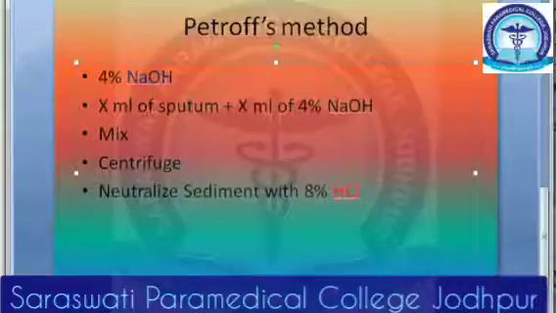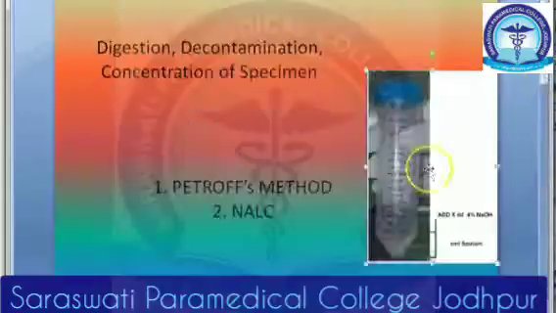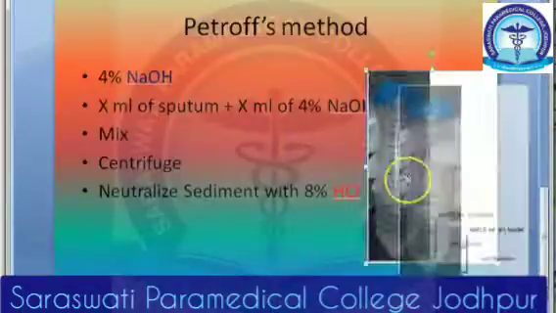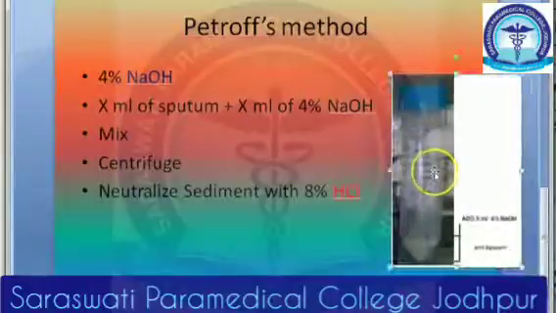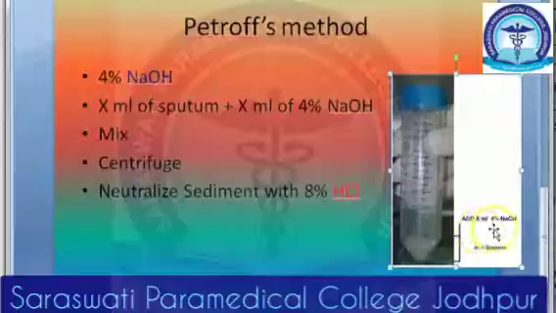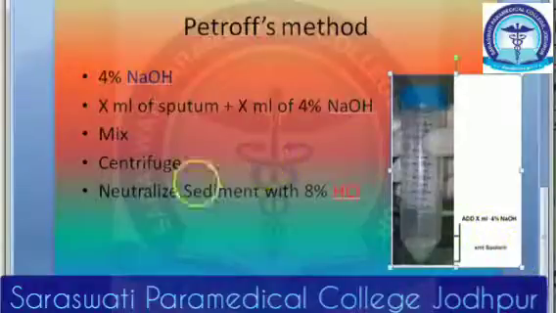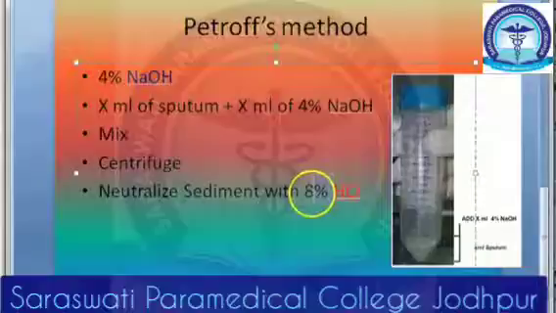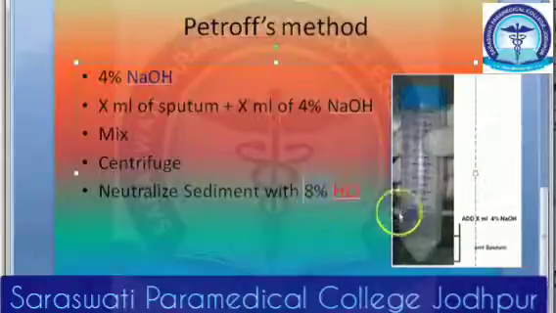Petrov's method. Very good. Now this diagram is the one I fetched from the internet. When I searched for Petrov's method, this is what I got. Here also they have written the same thing. Add X ml of 4% NaOH, add X ml of sputum, then you will centrifuge it, pick up the sediment and add 8% HCl, double the initial concentration.